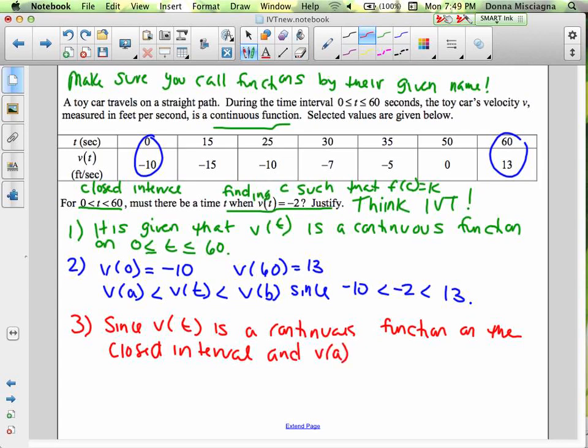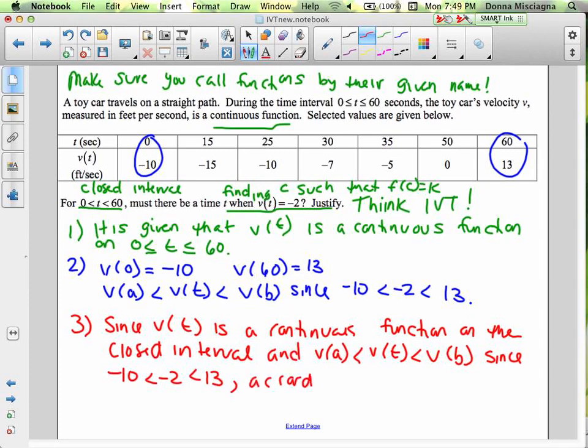I think it's going to be a run-on sentence, but that's okay. I'll just use our numbers. Negative 10 is less than negative 2 is less than 13.